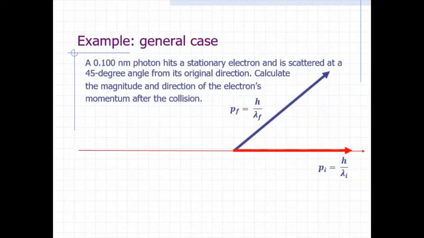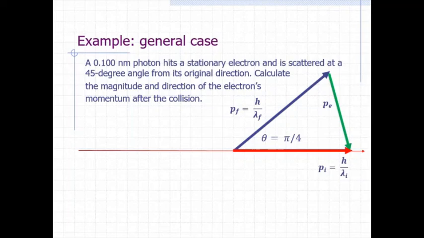The angle between the initial and final momentum vector is theta, which in this case is 45 degrees or pi over 4 radians. Here's the vector representing the momentum of the electron after it collides with the photon. Let's call this vector p sub e. Notice that we put the tail of vector p sub e to coincide with the head of the vector p sub f.